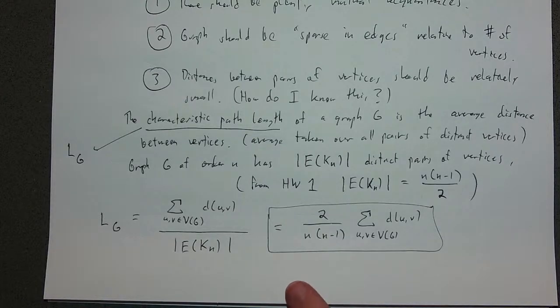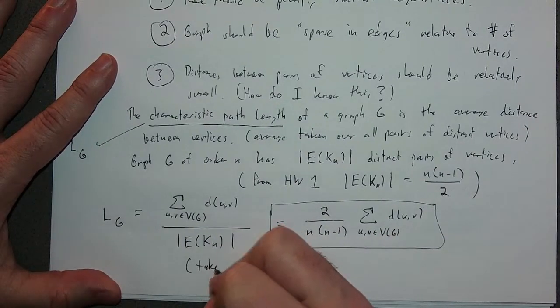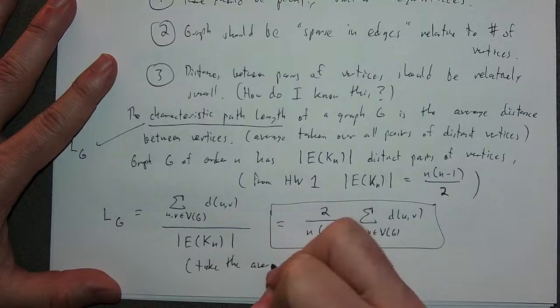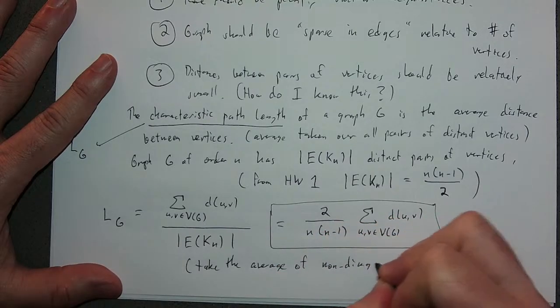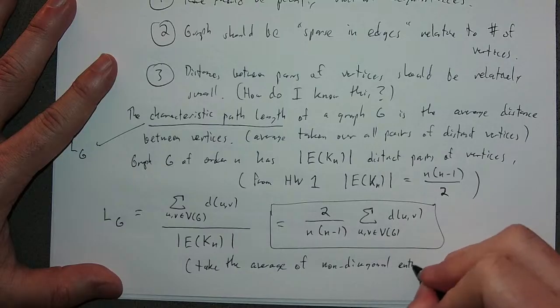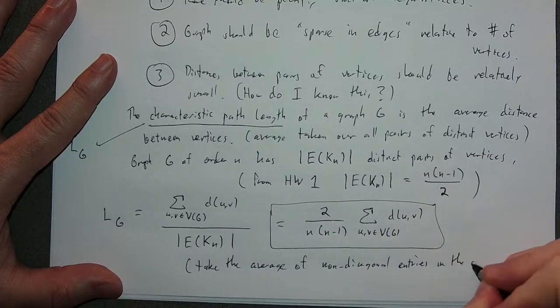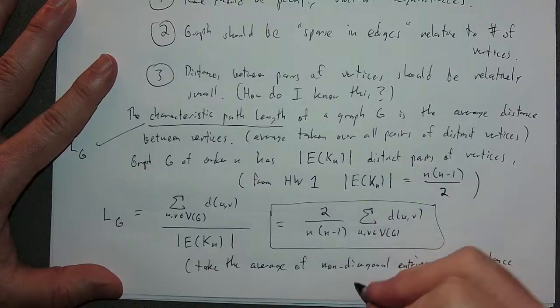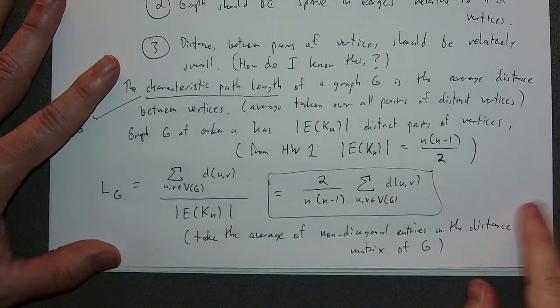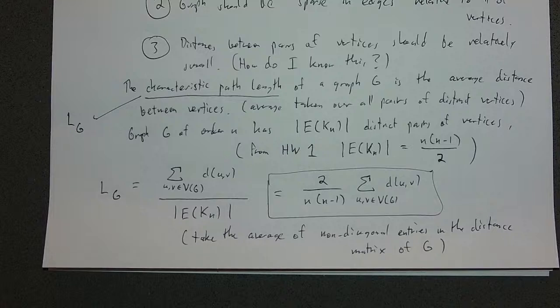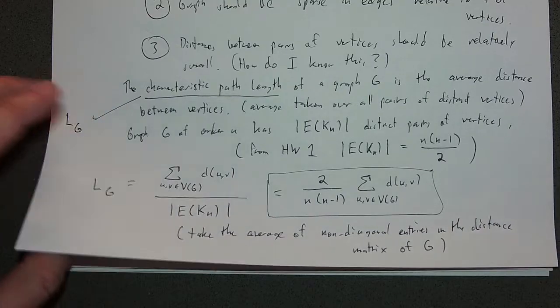Just taking the average of the non-diagonal entries in the distance matrix for G. Okay.